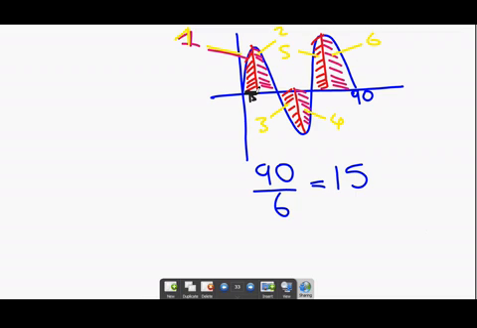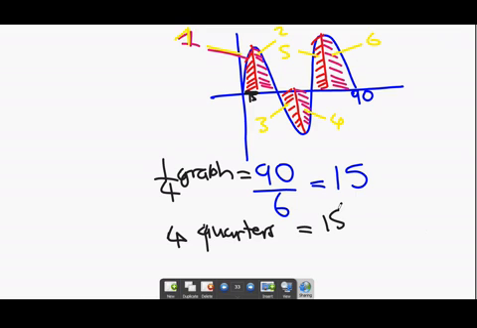Now, if I want to find out what a full circle or a full revolution will be, I would then say, if I have got 1 quarter, 1 quarter of the graph is equal to 90 divided by 6, which is equal to 15. Then 4 quarters is equal to 15 times 4.